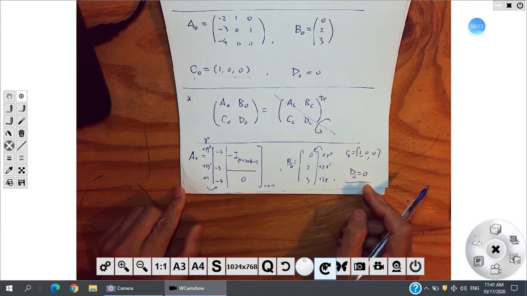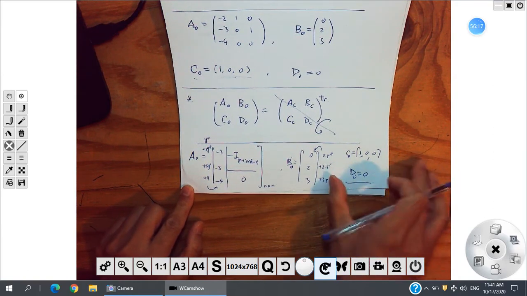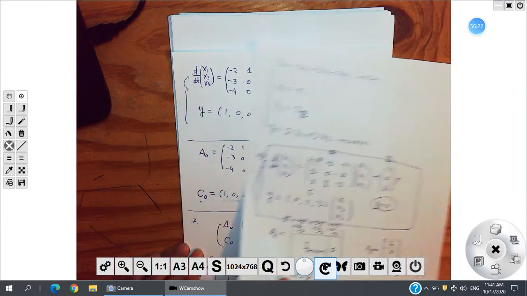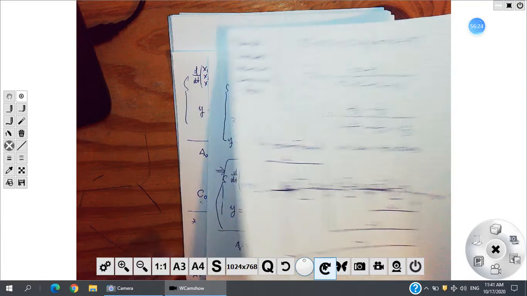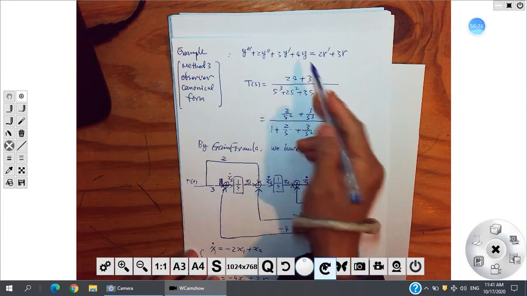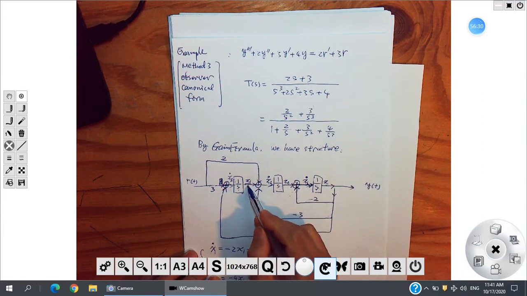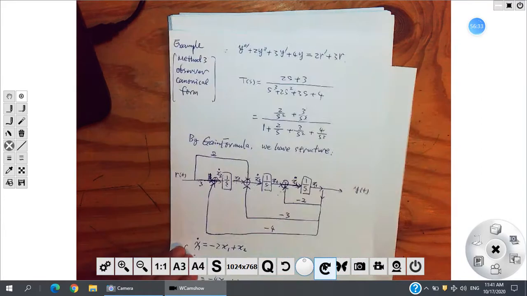We are studying the same equation, the same equation with a different structure, a different way to pick the state variables. Then we have different state equations.